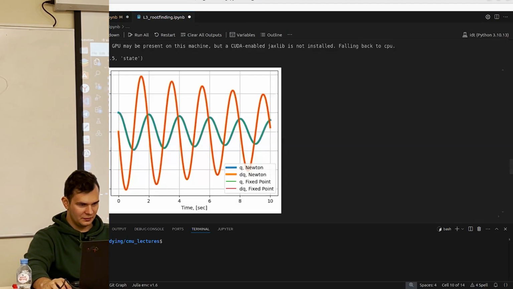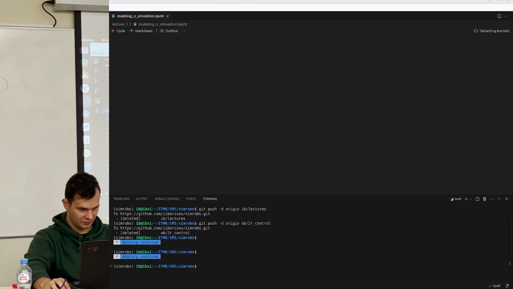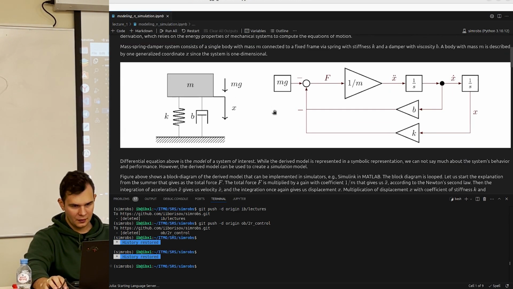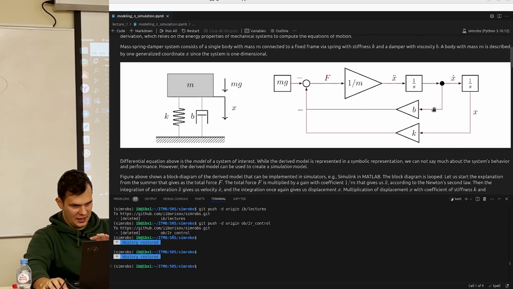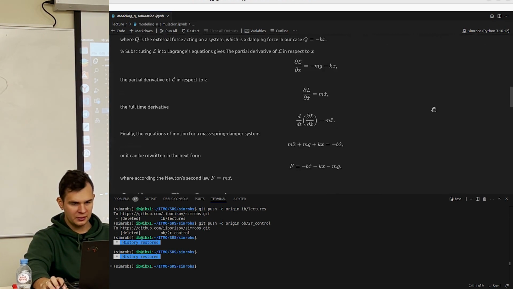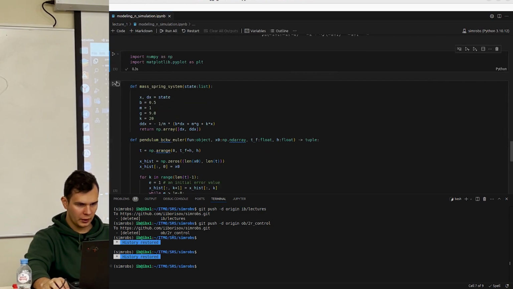And finally, right now we can go to the material of our spring damper system. So this is the block that I just drew for you, and you can assemble a similar system in MATLAB Simscape. Or if we stick to Python, we can do the following.